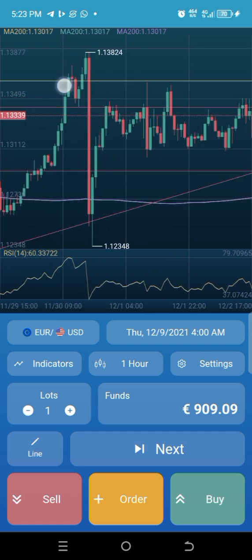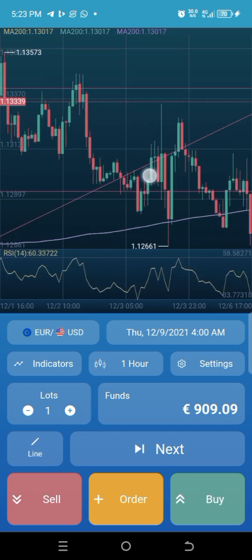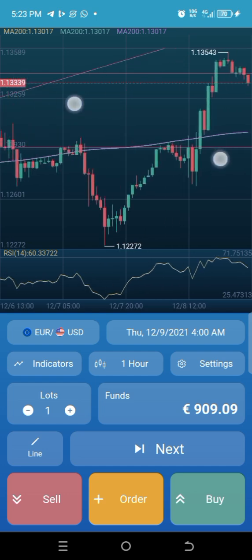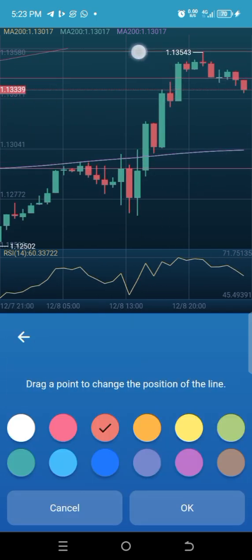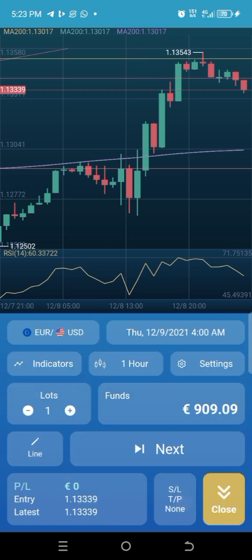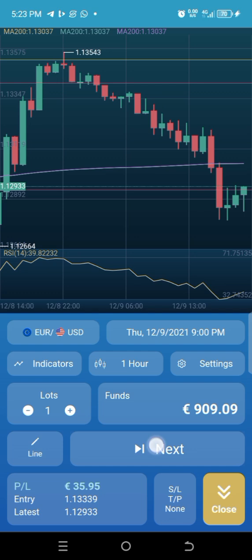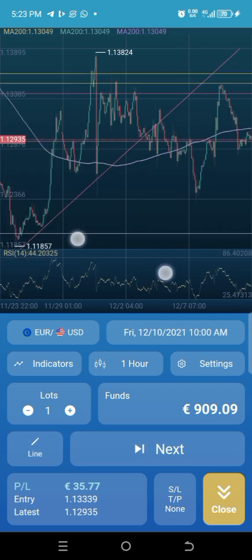There's divergence. 79, divergence is confirmed. That candle pattern that we're looking for has been confirmed. So let's sell. Stop loss somewhere here. Targets are here.